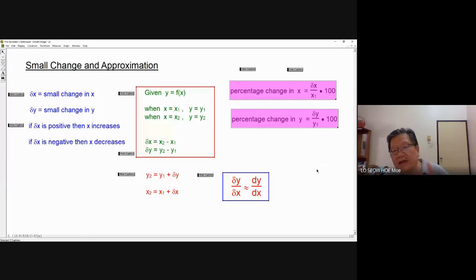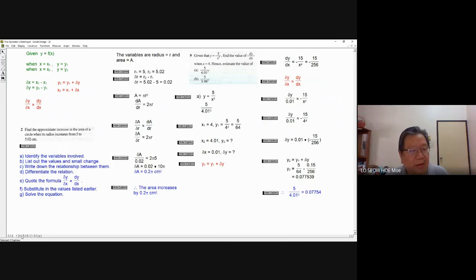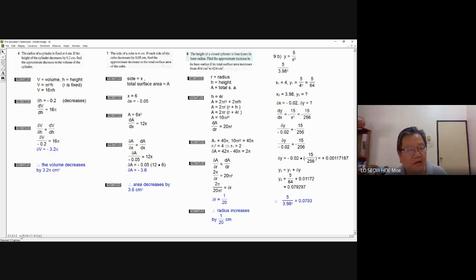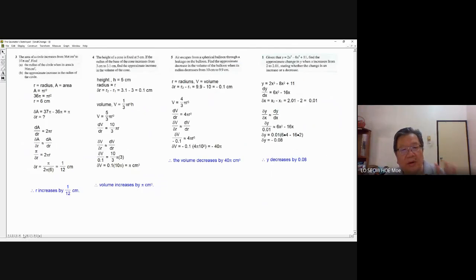So you can try assignment 2. If you don't know, you can ask me. You post the question number on the wall. Once I see the question number, I will respond. And this one is already recorded. If it's too fast, you just pause it and then copy the answer.